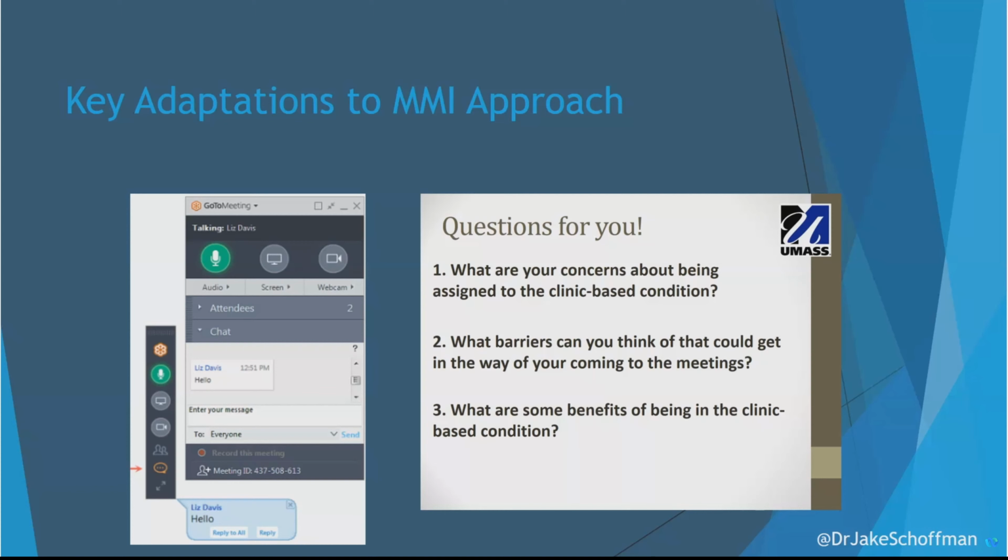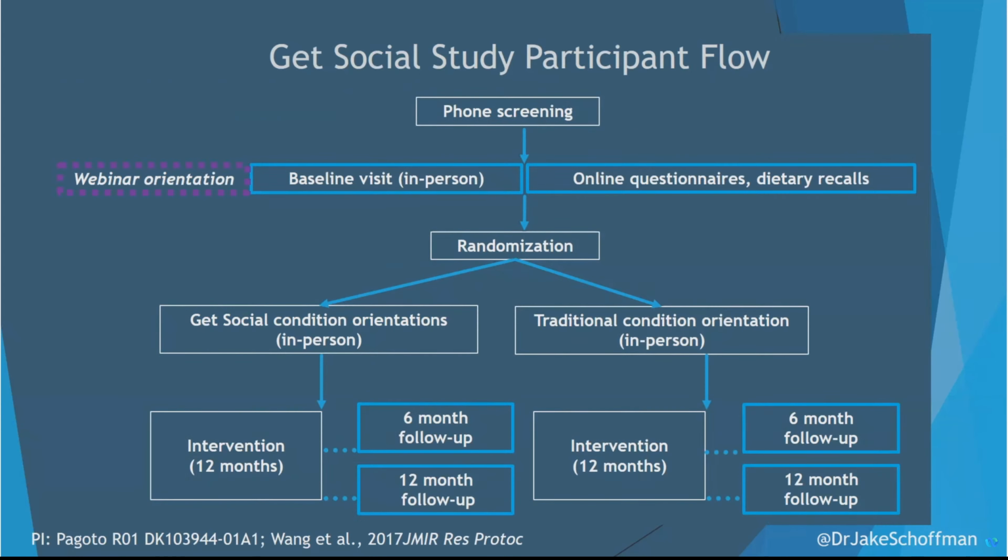If folks chatted something that put up our feelers, our study staff would follow up with them via phone call the next day to further explore whether it was in fact a concern at all. Usually we had maybe one or two phone calls to follow up after each webinar.